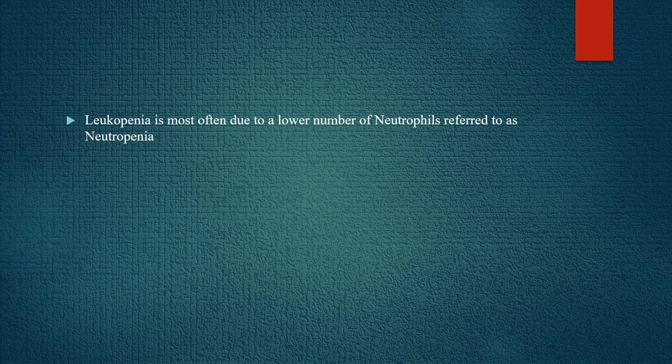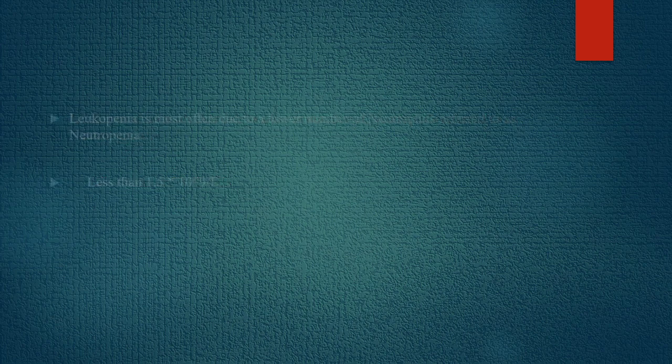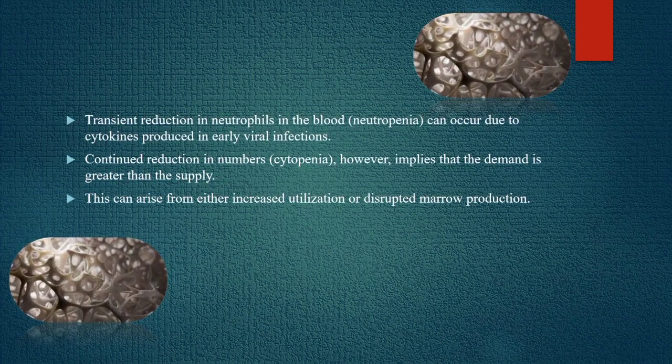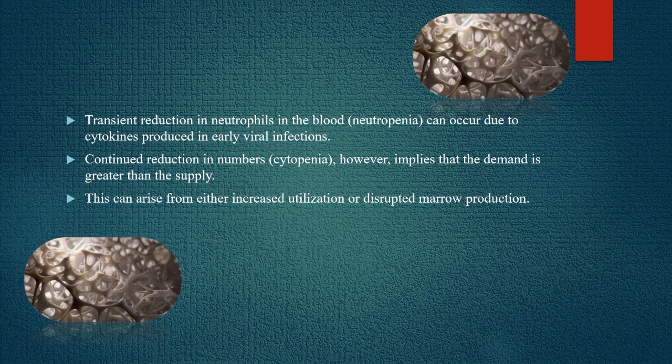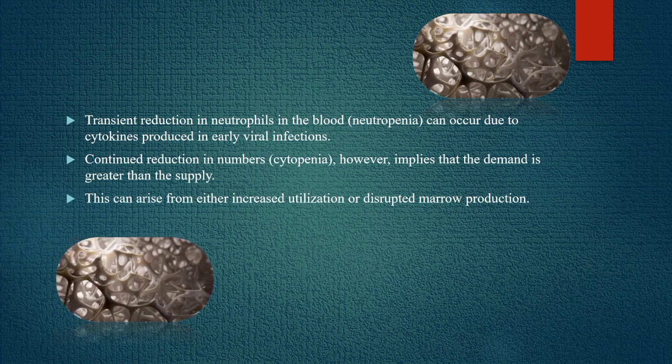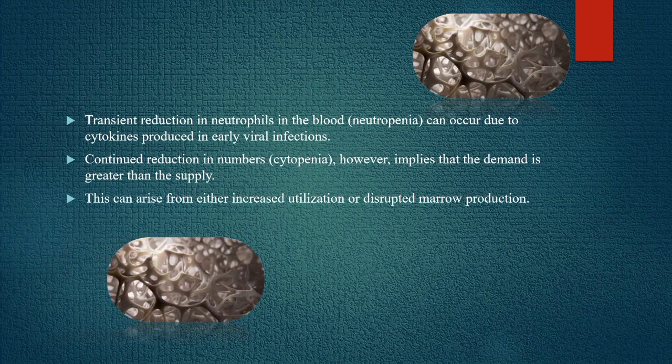Leukopenia is most often due to a low number of neutrophils. This is referred to as neutropenia. That means the cells are less than 1.5 billion cells per liter of blood. So mainly it affects the neutrophil count, and sometimes there is a transient reduction in the neutrophils in the blood.